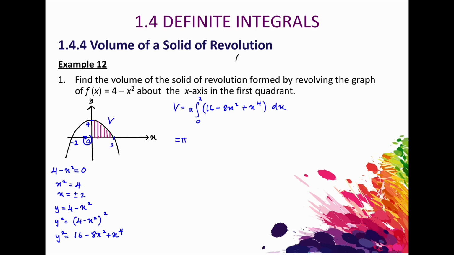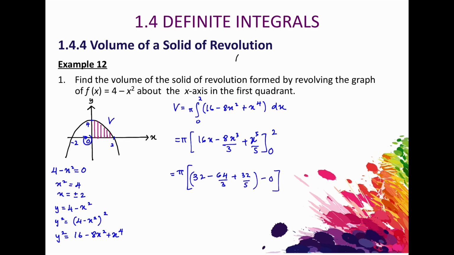So we get 16x minus 8x cubed over 3 plus x to the power of 5 over 5 from 0 to 2. And then 32 minus 64 over 3 plus 32 over 5 minus 0.